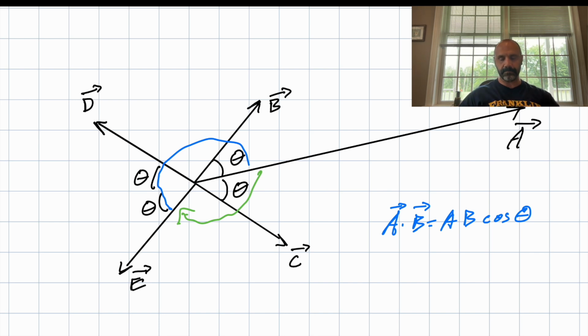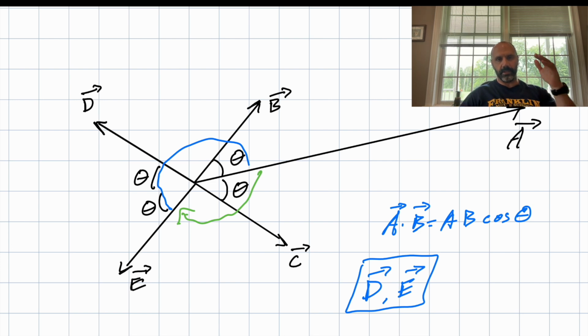And then C is within 90 degrees, and so that's not going to give you a negative value. So D and E, this is the answer, D and E give you a negative dot product with A, because again, when you think of D cosine theta or E cosine theta, the theta for each of those, when you take the cosine of it, gives you a negative value.